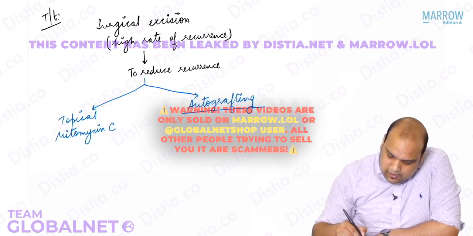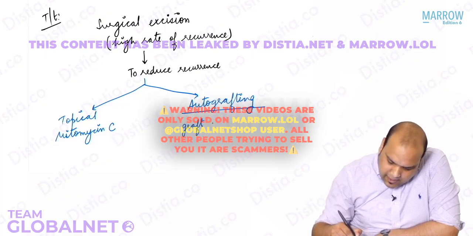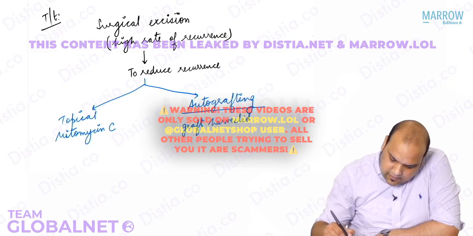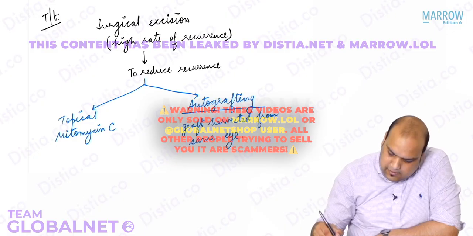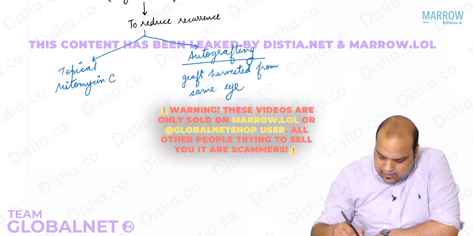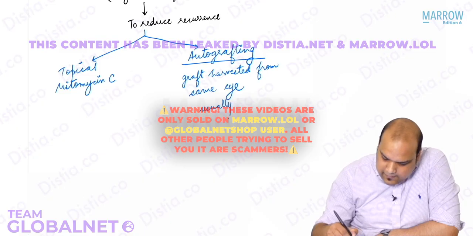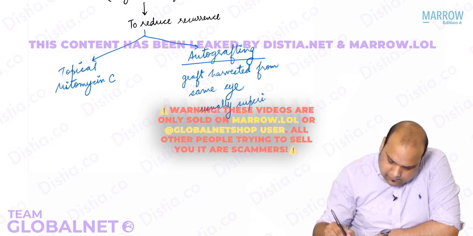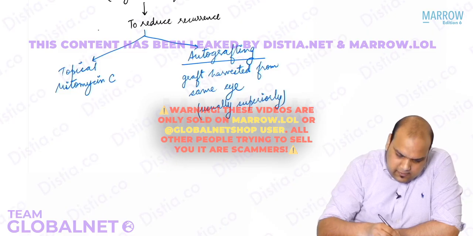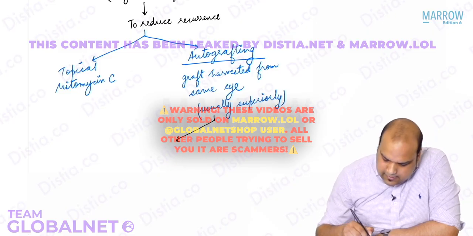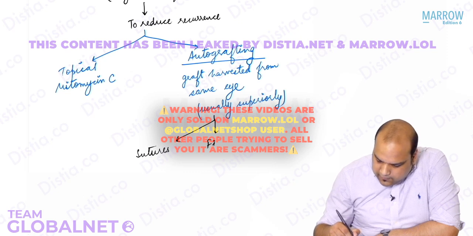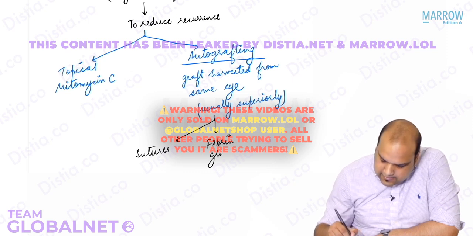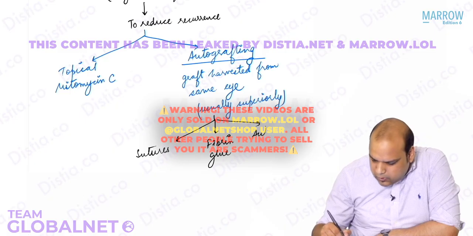Yes. So graft harvested from the same eye. Graft is harvested from the same eye, usually superiorly. Okay? Then sutures are used to fix it, or fibrin glue is used to fix it, or we say autologous serum.